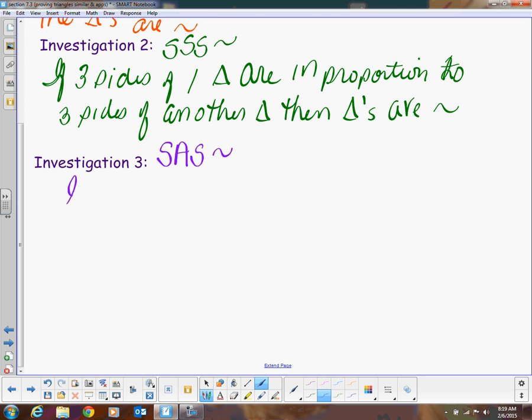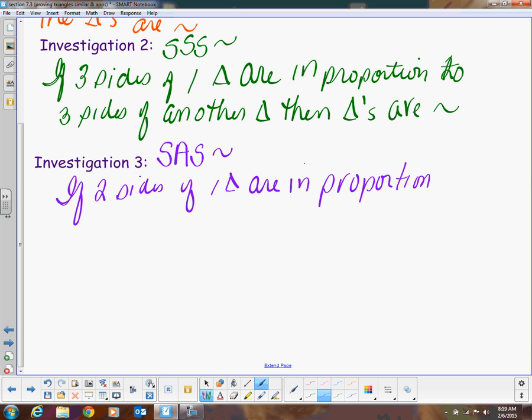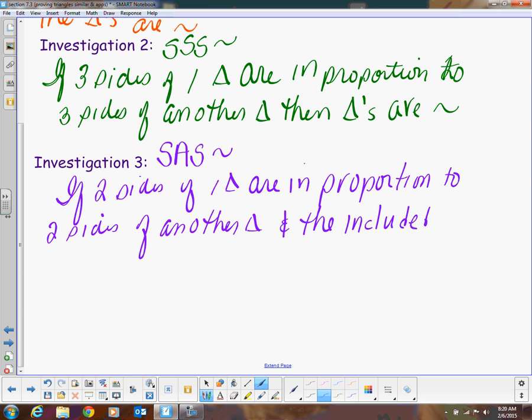So what this says is if two sides of one triangle are in proportion to two sides of another triangle, and the included angle, that's the one between the two sides, and the included angles are what?